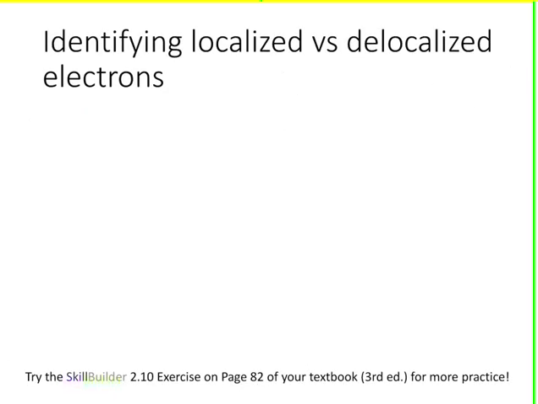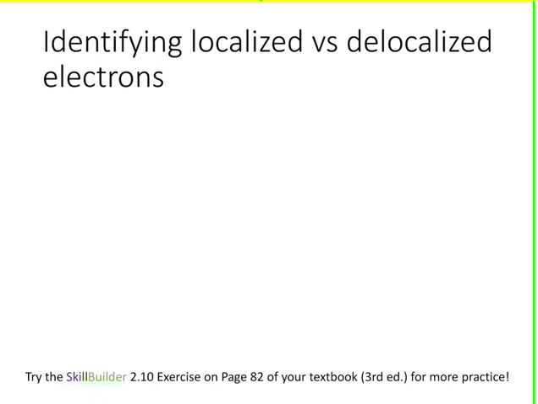Okay, so let's figure out how to identify localized versus delocalized electrons. How do we know if electrons can move? And how do we know if electrons just stay put? So let's look at a different molecule.